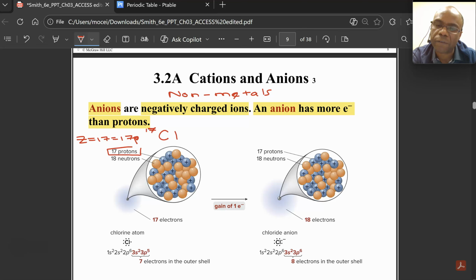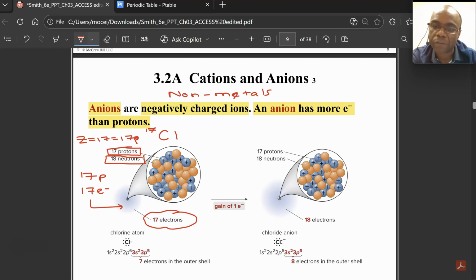Chlorine usually has 18 neutrons to give a mass number of 35, about 35.45. So if we have 17 protons in the neutral atom of chlorine before it reacts, by inference we have 17 electrons, which is the blue electron cloud you see right there.